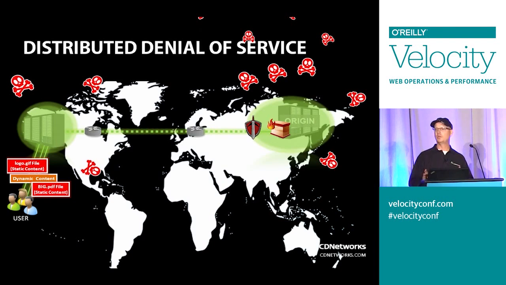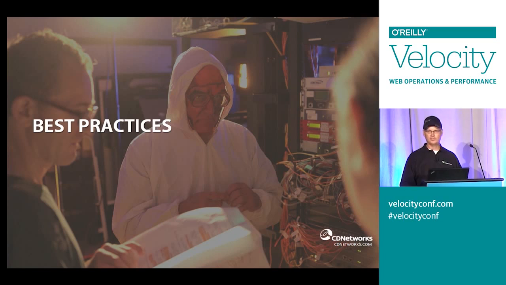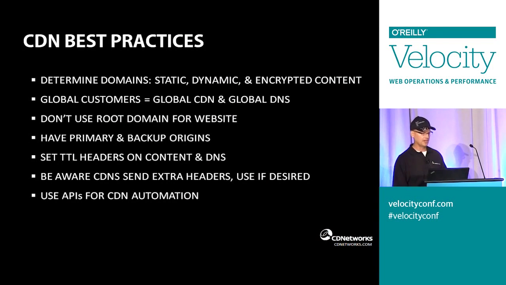And so CDNs are really pushing into that. It's hard to do a performance and availability solution if you can't offer the data protection and can't offer a path to secure the content. So my final few slides here are just on best practices.